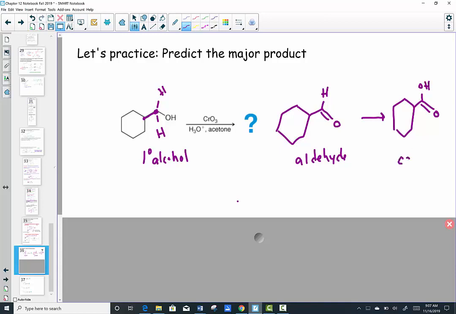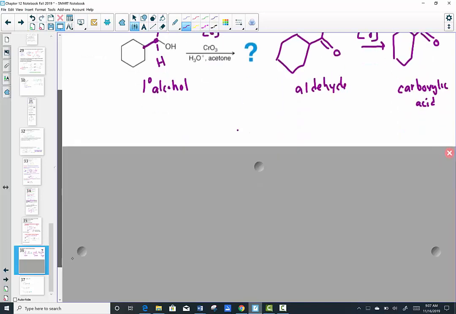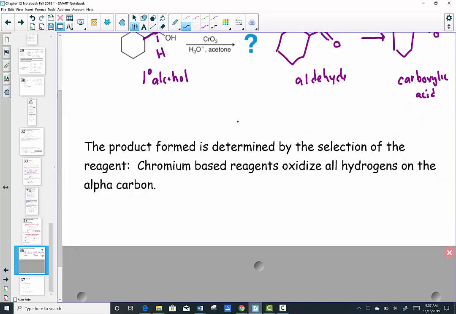So we go on to form the carboxylic acid. 2 steps of oxidation. Step 1 of oxidation goes to the aldehyde. Step 2 of the oxidation forms the carboxylic acid, COOH. Selection of the reagent determines how many oxidative steps you will form. So a chromium-based reagent oxidizes all hydrogens at that alpha carbon. So the final product is COOH, the carboxylic acid. I cannot isolate the aldehyde.